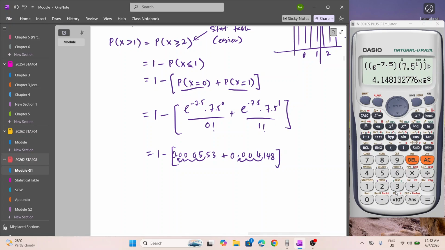So solving these, 1 minus, open the bracket, 0.000553 plus 0.004148, and the answer is 0.9953.